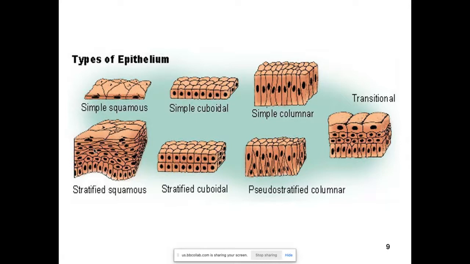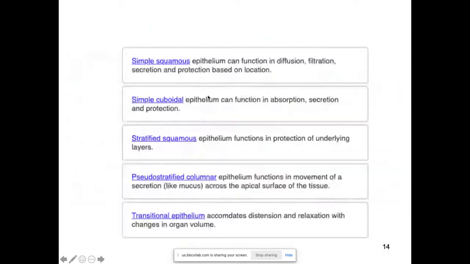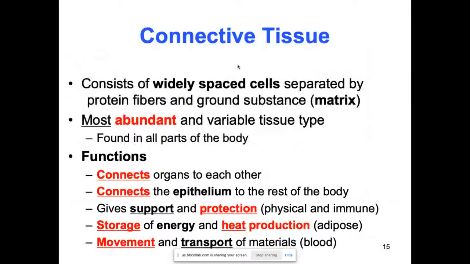You have cells that are far apart from one another. They're not closely packed. Notice these are packed closely together with very, very little extracellular matrix, meaning there's very little space between the cells. But when we look at connective tissue, we have widely spaced cells that are separated by matrix.